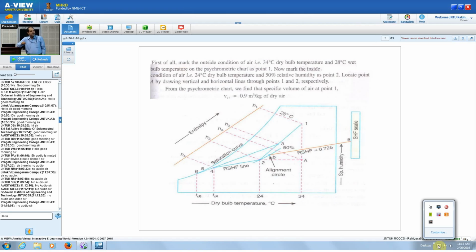Where it coincides on the 34 degrees line, that is point A. Make it point A. This is the same thing explained here, right? As point 2, locate point A by drawing vertical and horizontal lines through points 1 and 2 respectively. So we will get point A. It is clear, I think. Right?